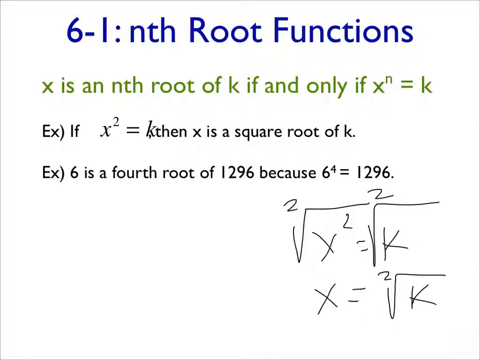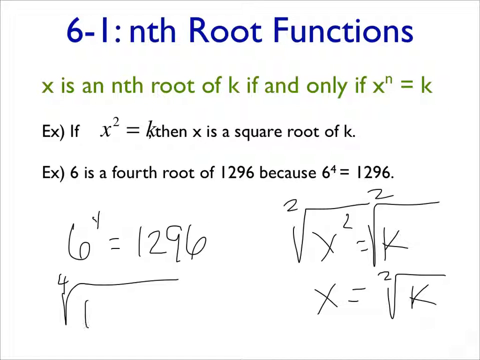Another example, 6 is a fourth root of 1296, because, well, two things. 6 to the fourth power equals 1296, or once again, if I take the fourth root of 1296, it equals 6. So you've got to be able to understand this relationship between a power and a root function.